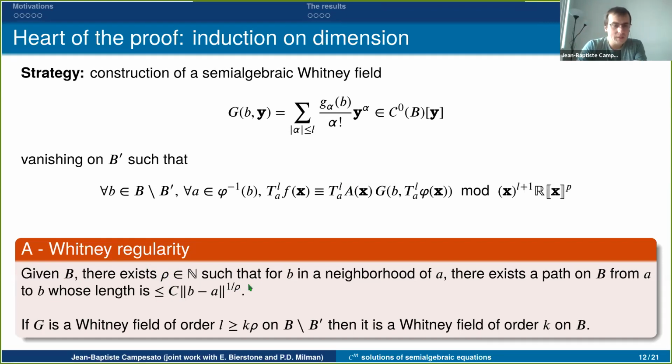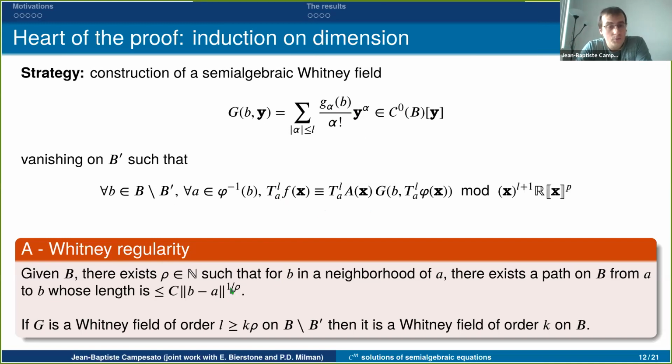And because of this ρ, when we extend our Whitney field, we will have a loss of differentiability. So G is going to be a continuous field that will be a Whitney field of order L on the complement of B prime.